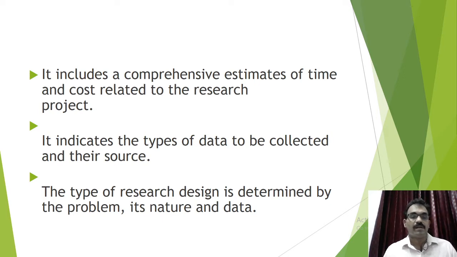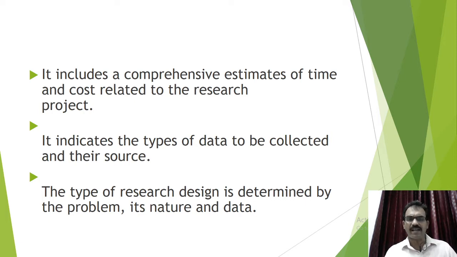Next one is it indicates the type of data to be collected and their source. Which type of data should be collected for this study and which are the sources from which we can collect data. Mainly two sources are the primary source and secondary source. The source of data depends upon the type of research, the nature of research, etc. Next feature is the type of research design is determined by the problem, its nature and data.